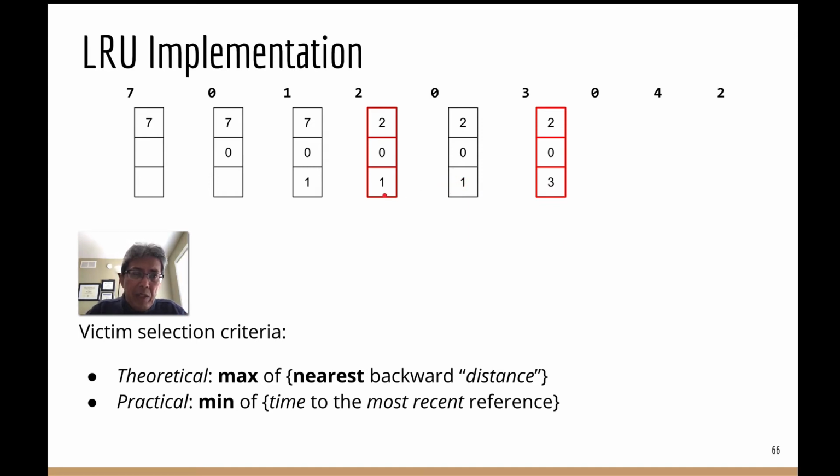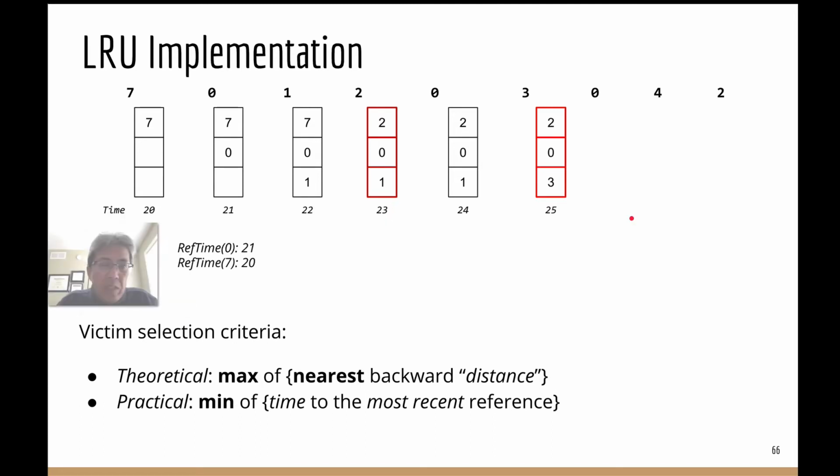Unfortunately, using backward distance, the algorithm must keep track of the previous memory references of a process, and that may take up space. So as an alternative, instead of using distance, we can convert the selection algorithm to use time. Now we annotate the diagram with the execution time of your process, 20, 21, all the way to 25.